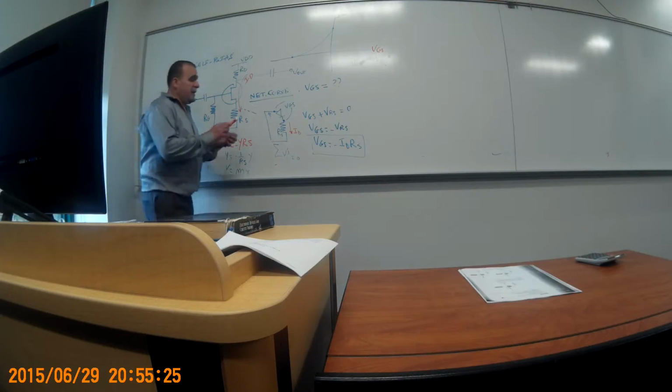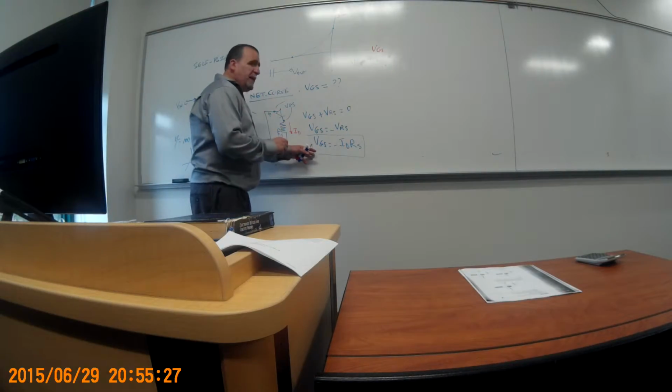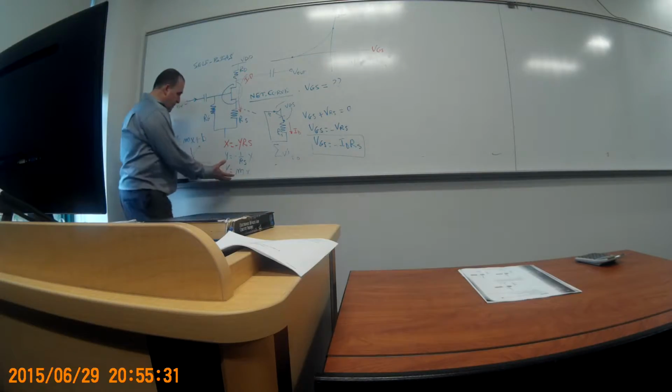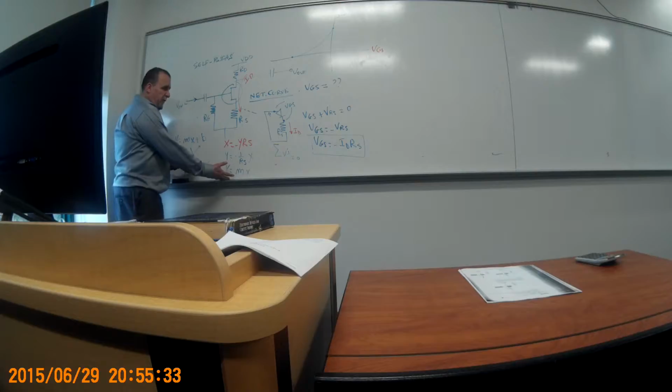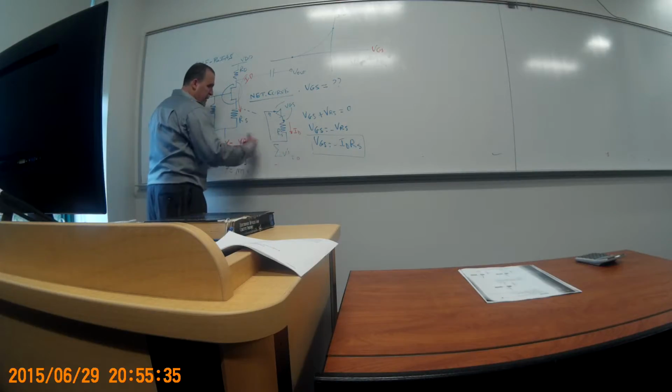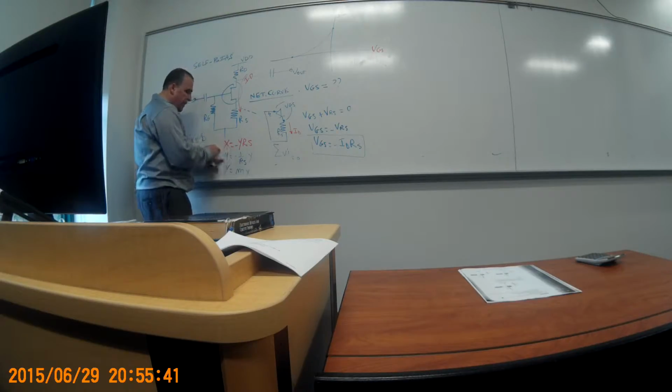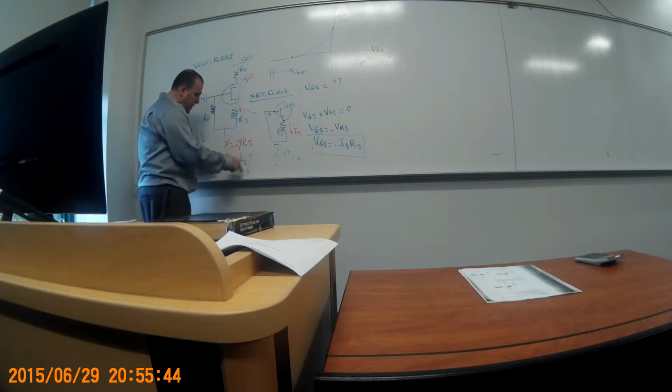So this, in reality, is the equation. What does it represent? It represents something like this. If I do the comparison, the V is the X and the I is the Y, then I solve for Y is minus 1 over RS, so this is the slope.